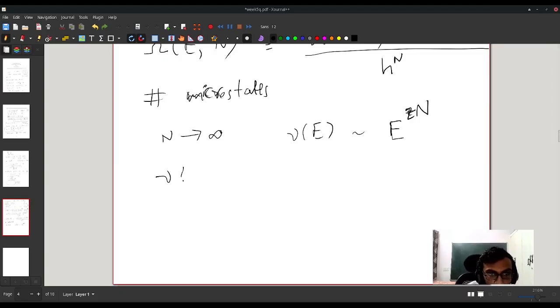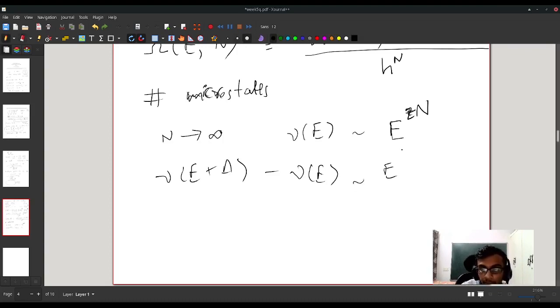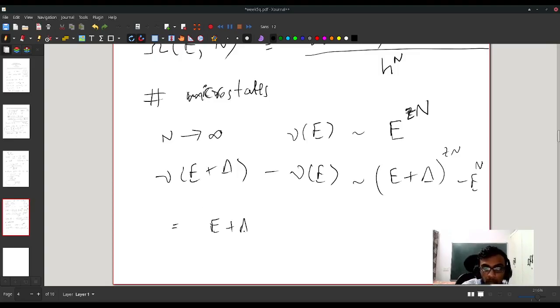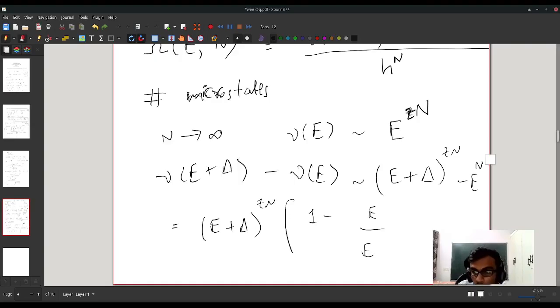Then V of E plus delta minus V of E is going to be, sorry, this is Zn.